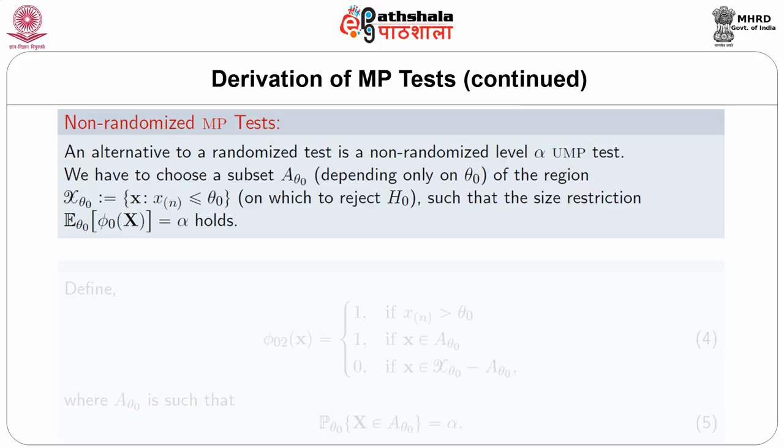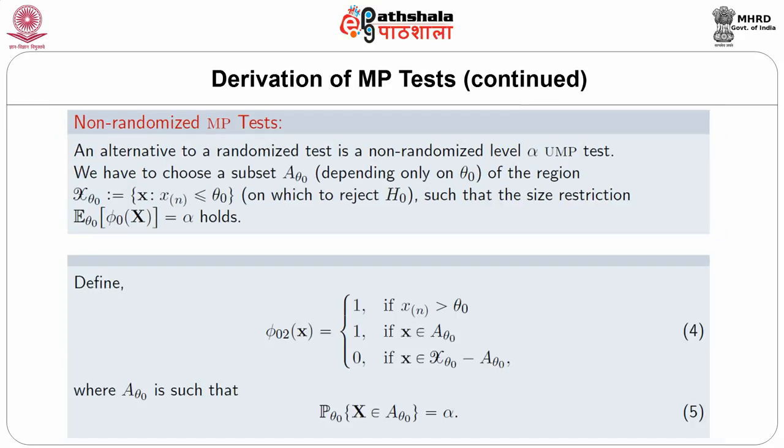So, take a part of this, say A theta naught, depending only on theta naught, such that the size restriction, that is, the expected value of phi naught under theta naught, is alpha. So, define phi naught 2 as 1 if x order n is greater than theta naught, and if x belongs to A theta naught, we take phi naught 2 as 1.